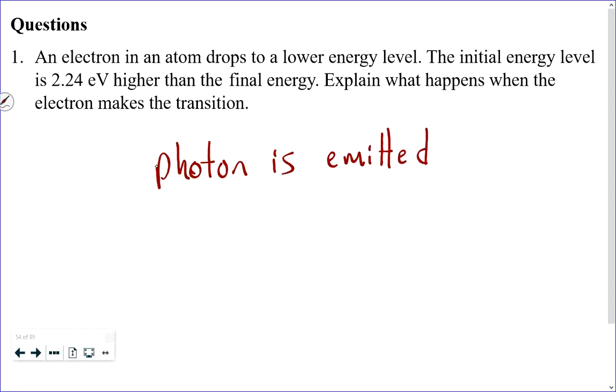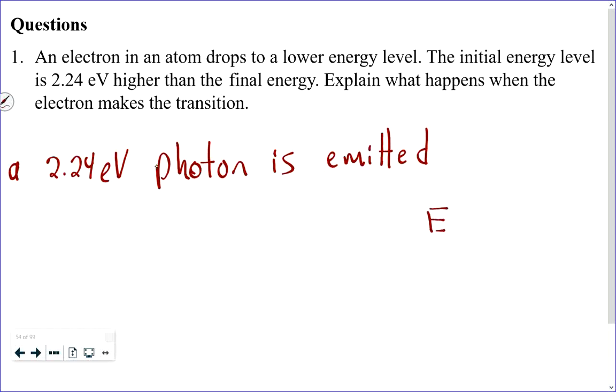Can anybody tell me anything about the photon that's emitted? Jack? It will have an energy of 2.24 electron volts. Absolutely. A 2.24 eV photon is emitted. Because however much energy the electron loses, that's the energy of the photon that's emitted. Well, you can tell me the wavelength now.